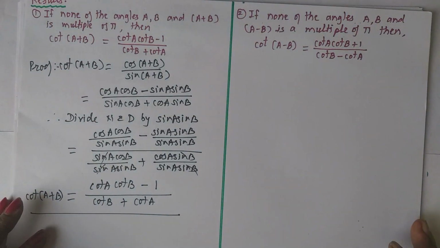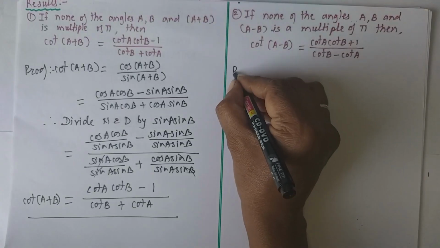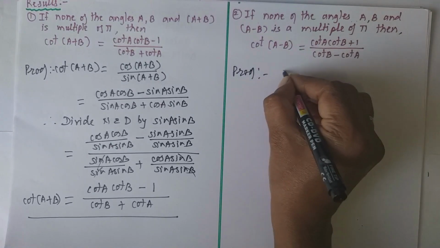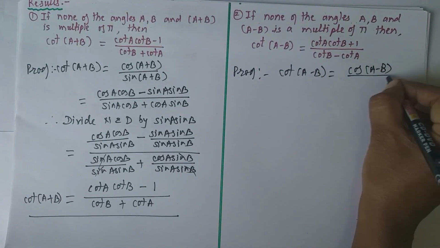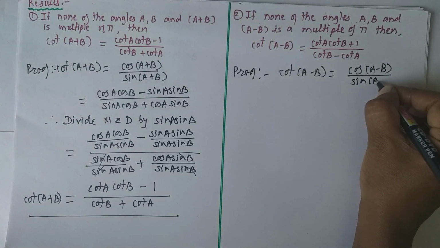Okay. Now for this formula, in a similar way you can write cot(A − B) means cos(A − B) divided by sin(A − B).